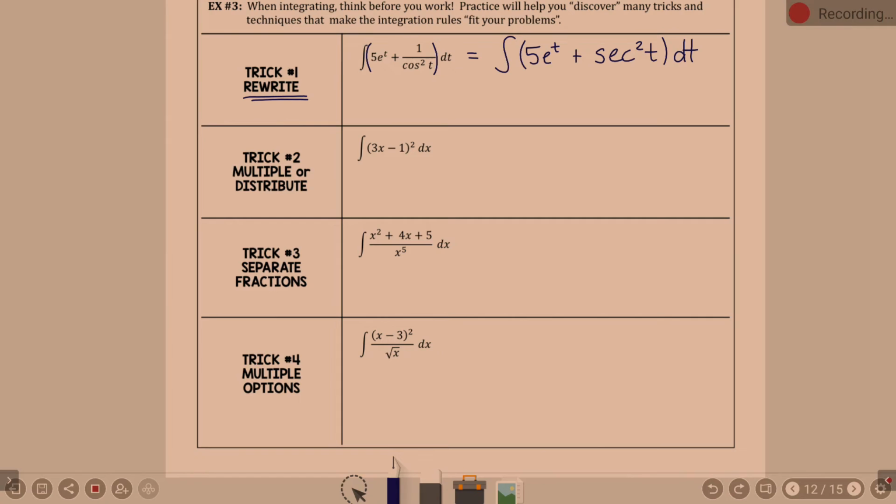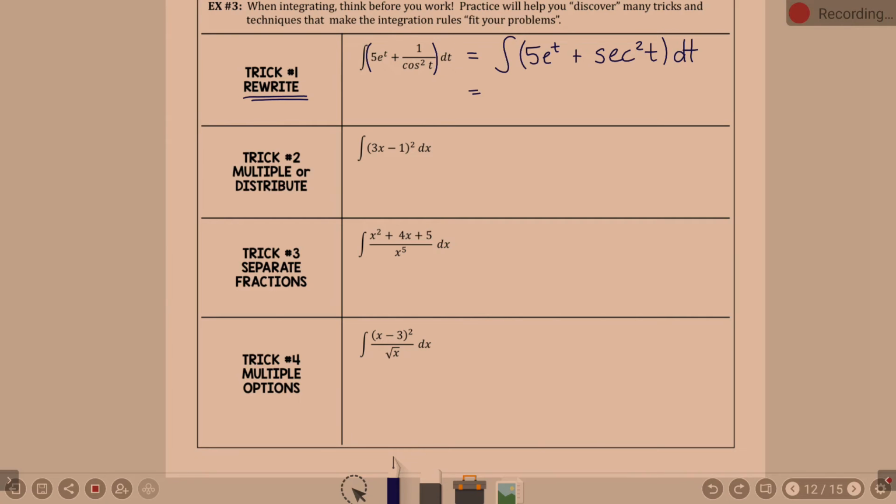Are we okay with that rewrite now that you process it? All I did is rewrite it in a different form. It probably doesn't look it, but it's actually a very easy problem now once you know your integrals. So, the integral of 5e^t. What would be the integral of e^t? e^t.